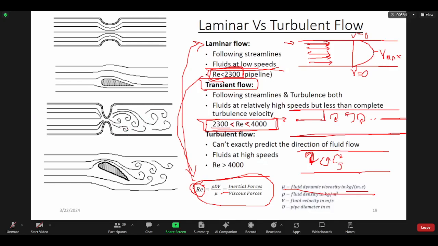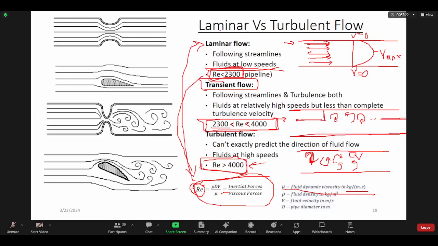It's a more chaotic way. This type of fluid we can identify using the Reynolds number: the Reynolds number should be greater than 4000.